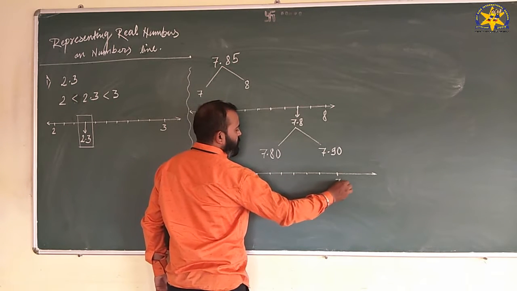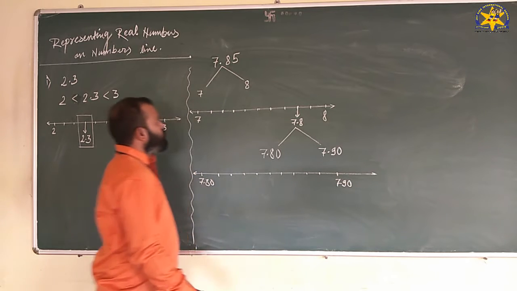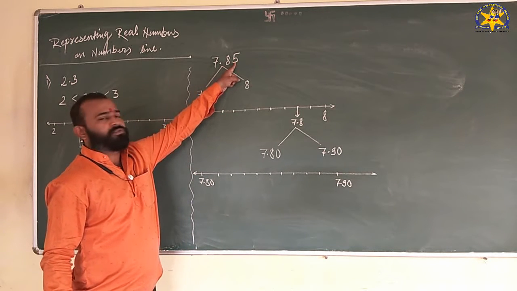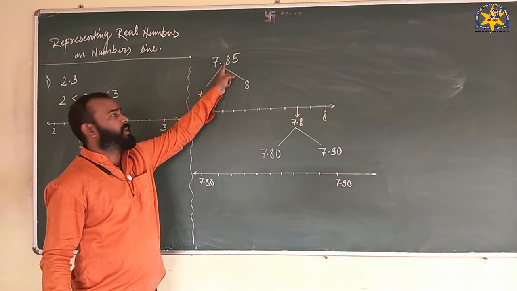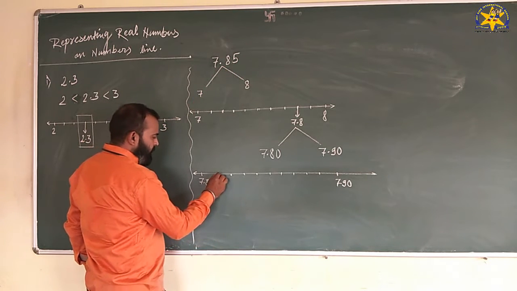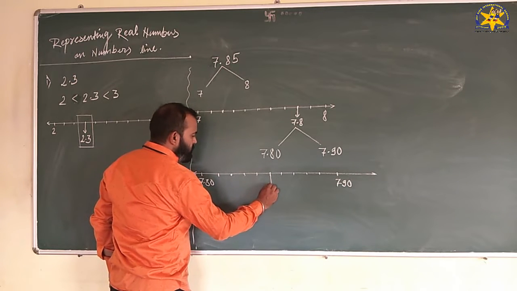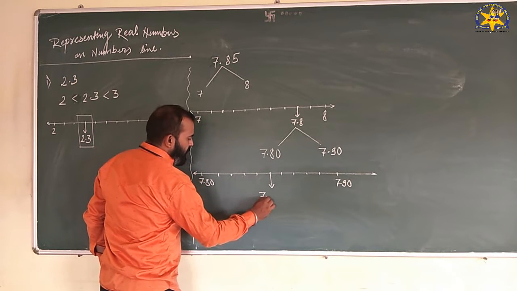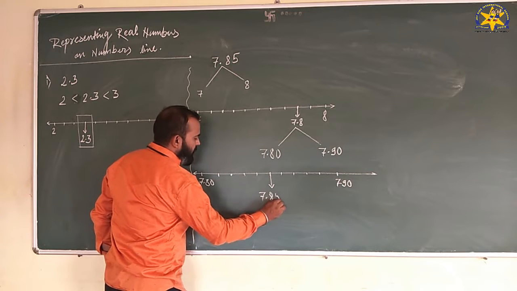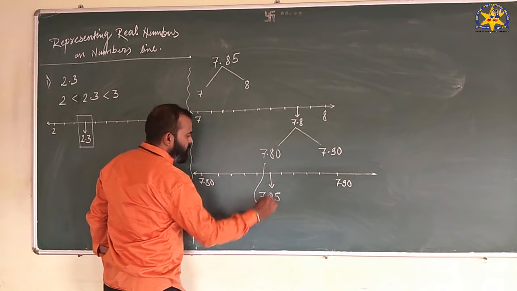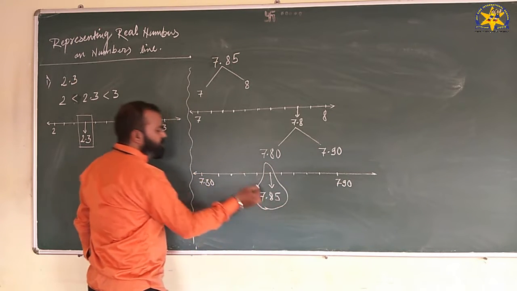Here will be 7.90. So what we have to represent now? 7.85: 81, 82, 83, 84, 85. So this will be our 7.85 on a number line.